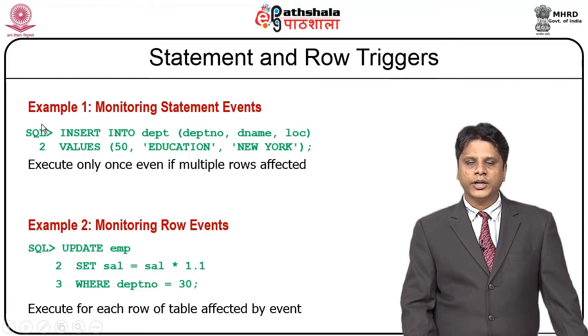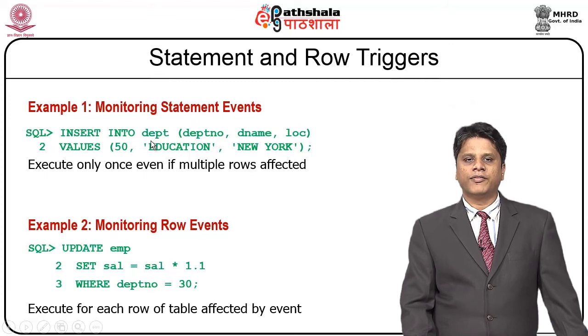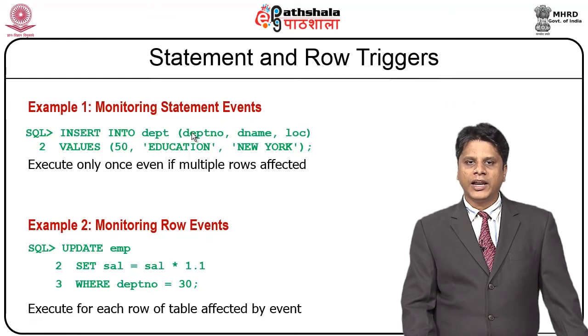So, what I am trying to do as per the statement is insert a value into the department relation, where the value of department number is 50, department name is Education, and location is New York.